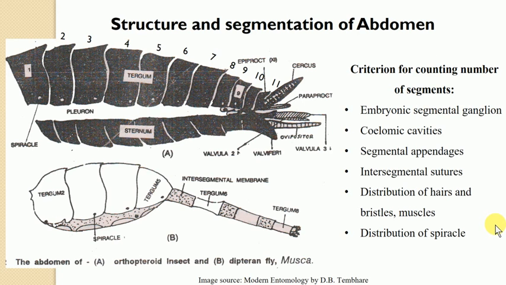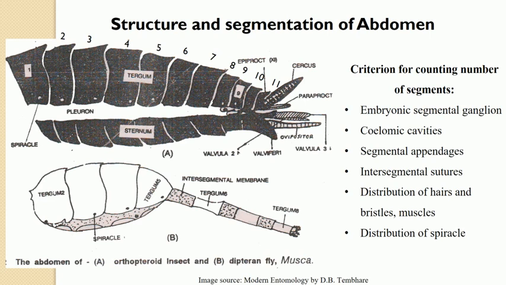Now in counting the number of segments of the abdomen, not only the external segmental plates but some other criteria must also be borne in mind for accurate counting of the abdominal segments.